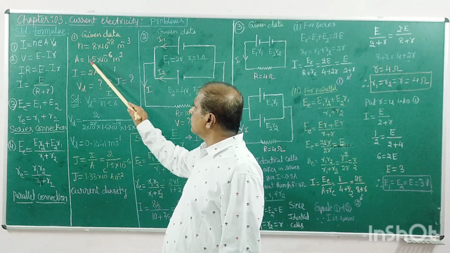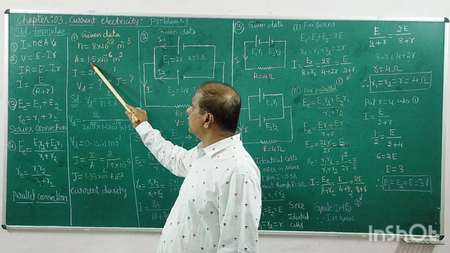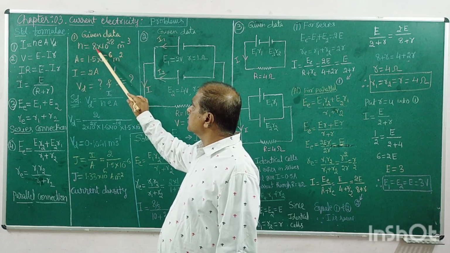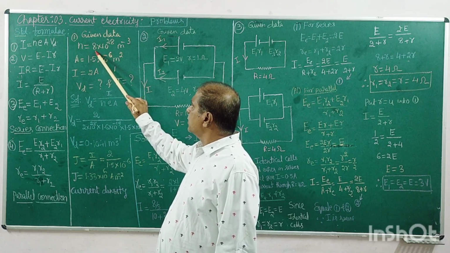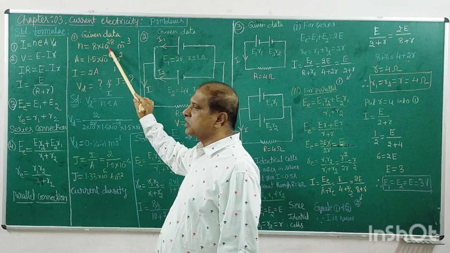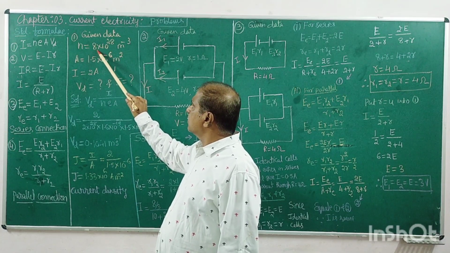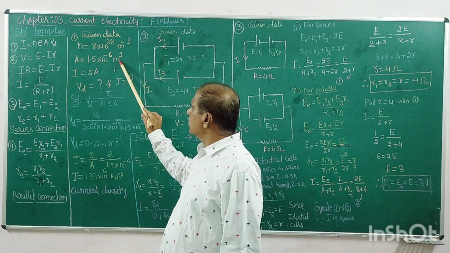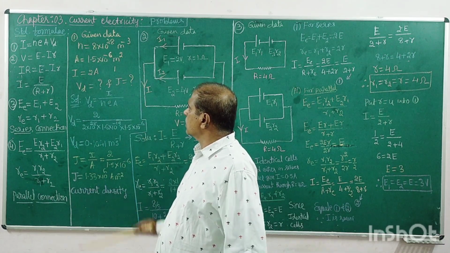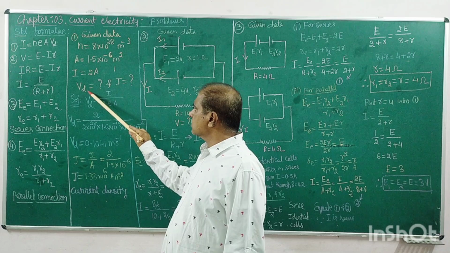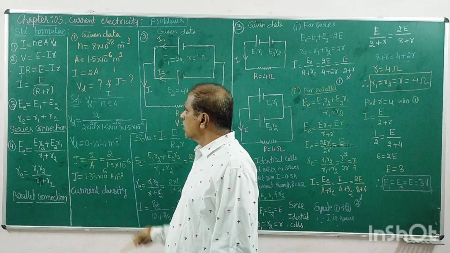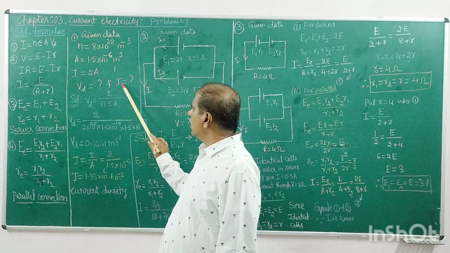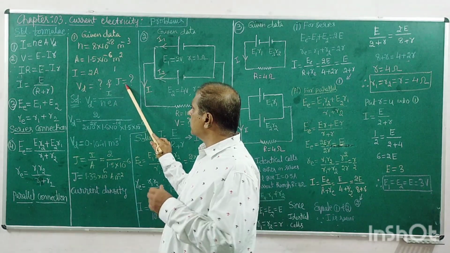The conductor has a given area of cross section, and the free electron density of that conductor is this value in SI units per cubic meter. Calculate the drift velocity in the conductor and the current density of the conductor.